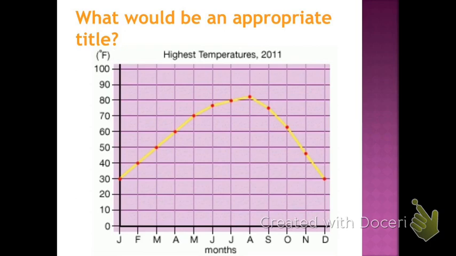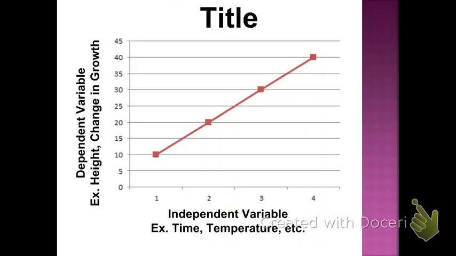So we could say maybe temperature over, or maybe even during, or temperatures by month, something like that. All right, so now we know a title should be concise, but it should also summarize what the graph is about.